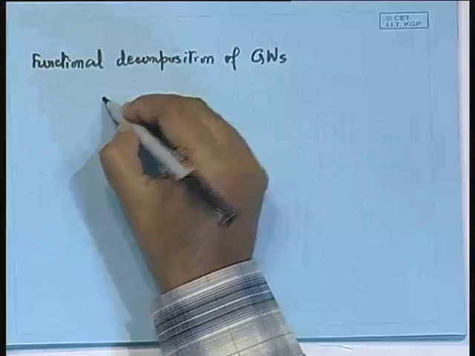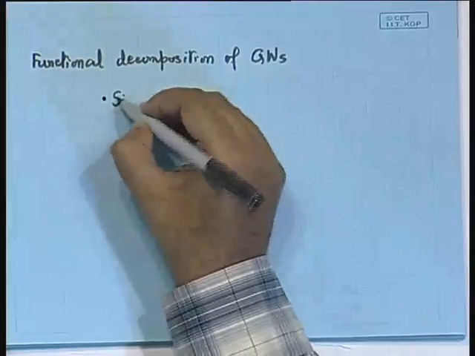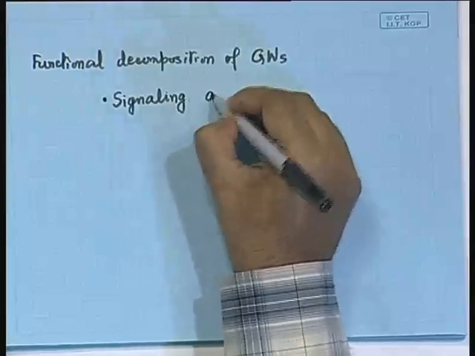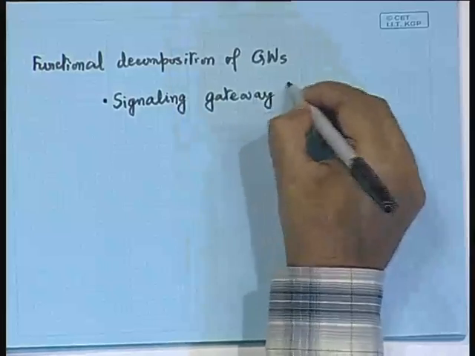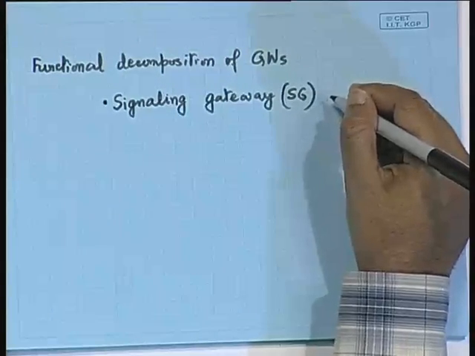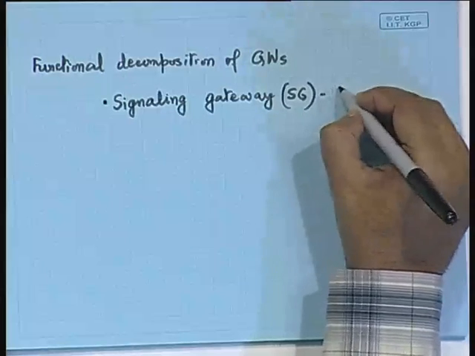And we have the following elements. One is the signaling gateway, or SG, which provides the signaling mediation between the IP and PSTN.